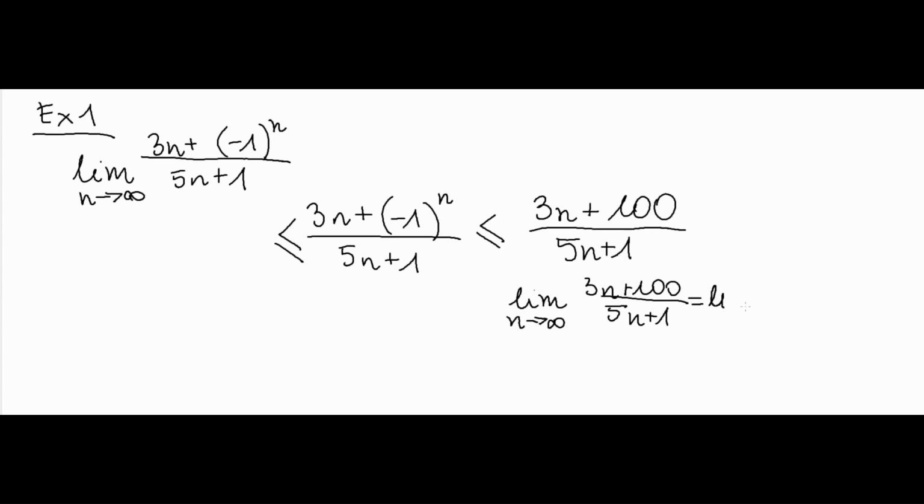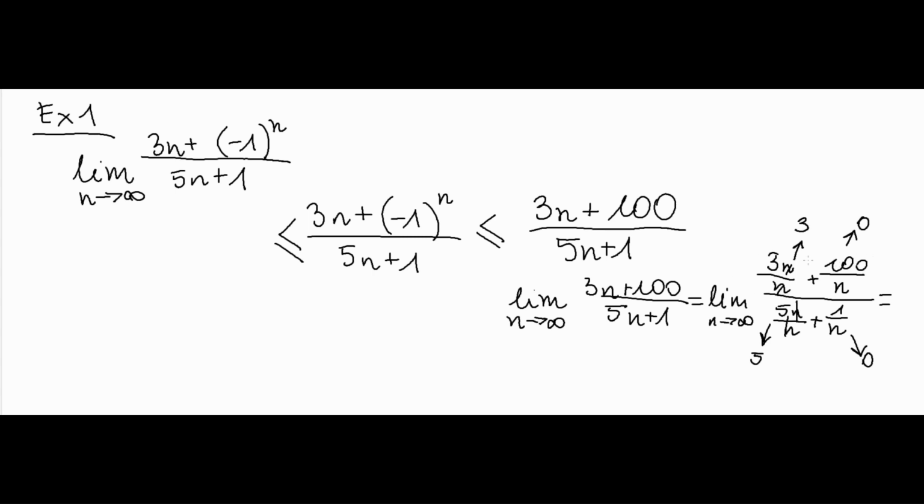Now we need to divide it by the biggest power of n, and in this case it's just n. So I'll write 3n divided by n plus 100 divided by n, divided by 5n divided by n plus 1 divided by n. As you can see, this goes to 0. This also goes to 0. 5n divided by n goes to 5, and 3n divided by n goes to 3. And from this equation you have 3 divided by 5.